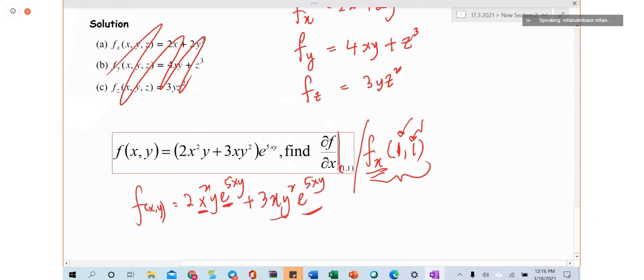In each function, you have xy. For polynomial, you have xy. For exponential also, you have xy. So you have to consider both.